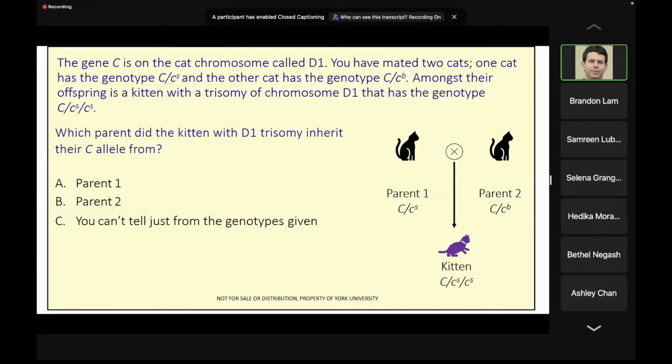Why parent one? Yes, non-disjunction. I love that word. Non-disjunction happened in one of the cats, right? We'll get to what that means in a second.